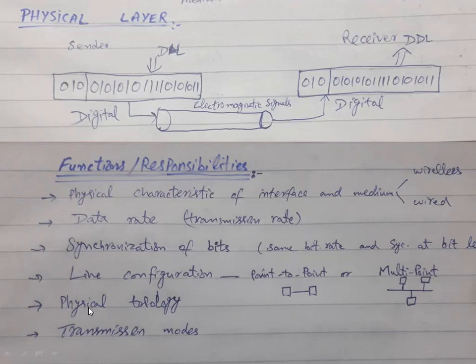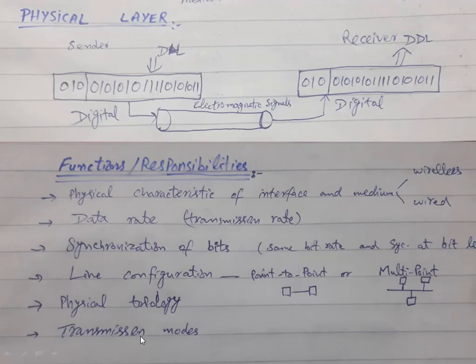And next, the physical layer also handles the physical topology. There are 4 basic network physical topologies: mesh, star, bus and ring. We have already talked about physical topologies in a video, and you can see the link in the description.